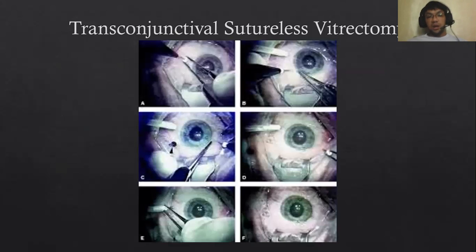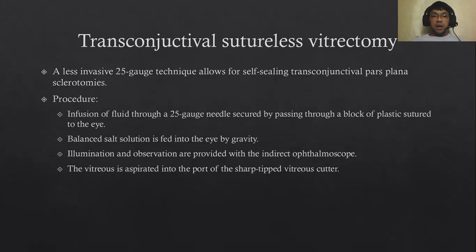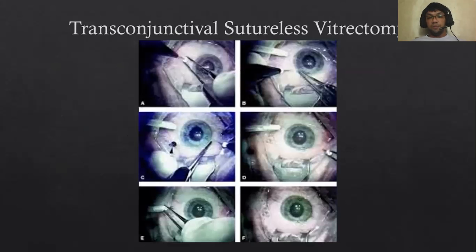So as you can see here, they are using a needle in this illustration. And a balanced salt solution is fed into the eye by gravity, and illumination and observation are provided with the indirect ophthalmoscope. Here, the vitreous is aspirated into the port of the sharp-tipped vitreous cutter. So that's the transconjunctival sutureless vitrectomy.